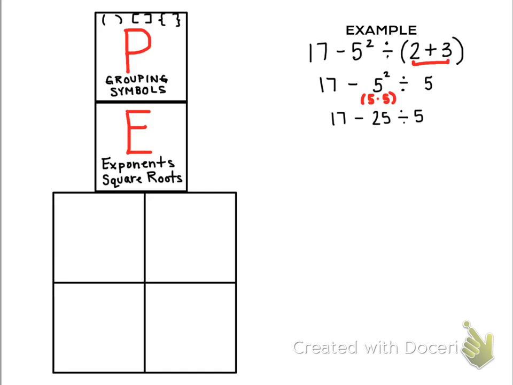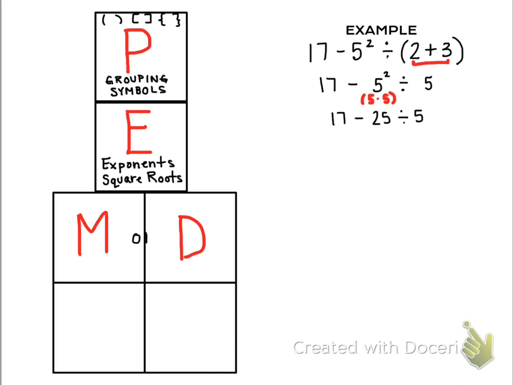Now we go back again and ask ourselves, are there any other exponents or square roots? And there aren't. So we can move on to our next step. And our next step is to look for multiplication or division. Now remember, it is not multiplication first and division second.